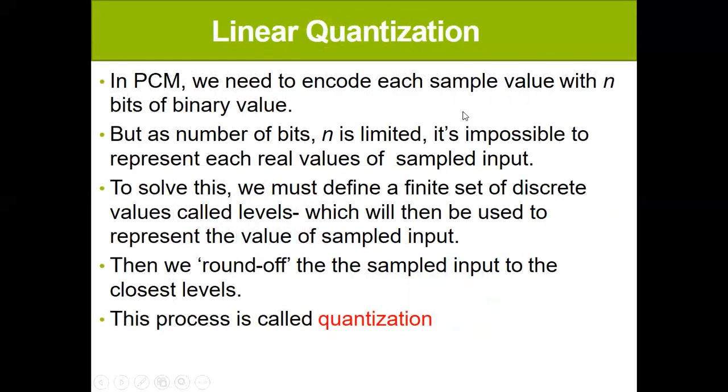So usually how many bits we have to consider first, because the levels depend on that. If there are n bits, there will be 2 to the power n levels, and all the sample points we round off to fit into these levels. This process is called quantization.